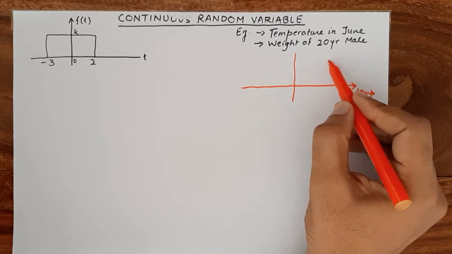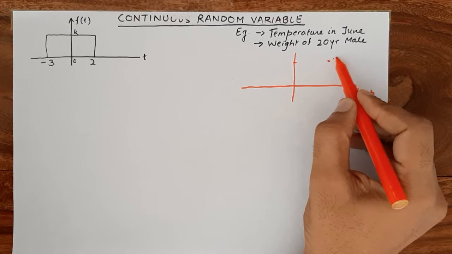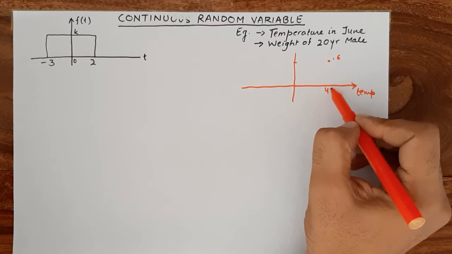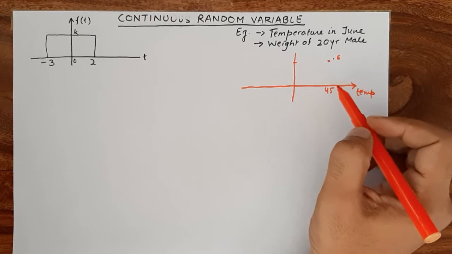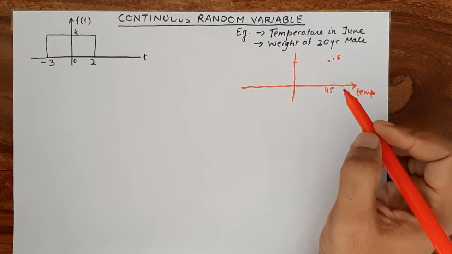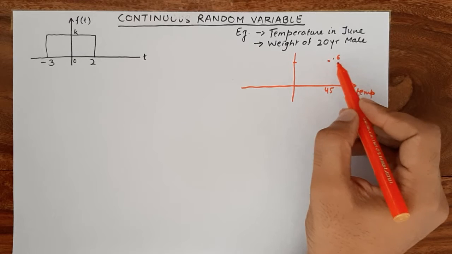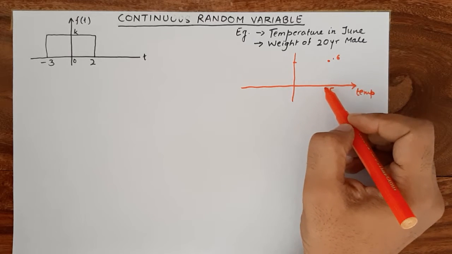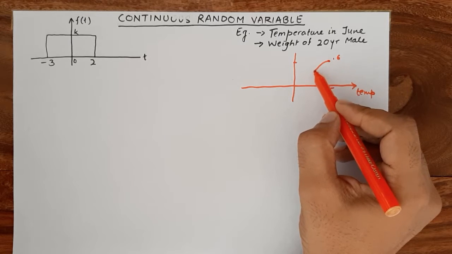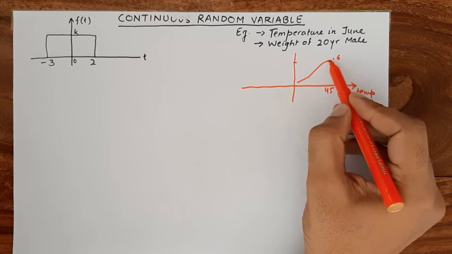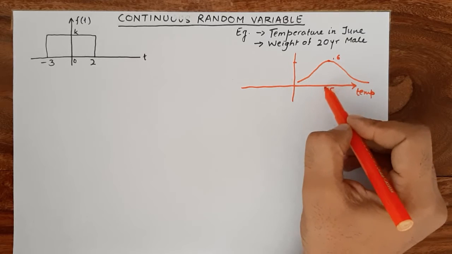Let us say we keep it as 60%, so this is going to be 0.6 for 45 degrees. But for each value of the temperature, 45.1, 45.12, you'll have a certain probability, and as you move away from 45 on both sides, the probability is going to decrease. So you could get a graph like this around 45.